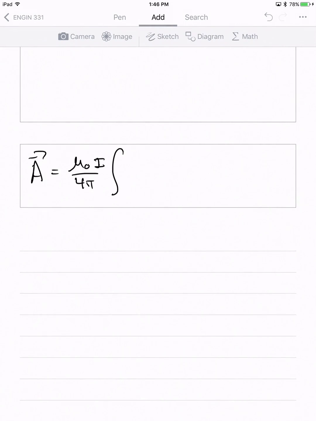So to begin with, A is equal to mu naught I over 4 pi integral. I'm going to substitute u is equal to z prime over r here, and then du is equal to dz prime over r. So then if I do that, I'm going to integrate from minus L over r to L over r du over square root of 1 plus u squared.